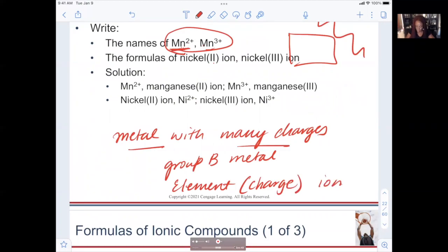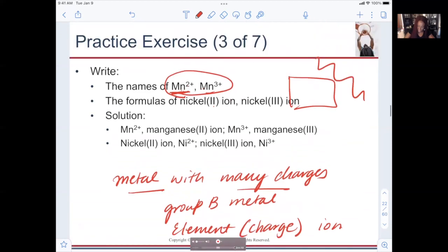So for this one here, Mn, I'm going to name this up here. Manganese. Manganese 2 ion.